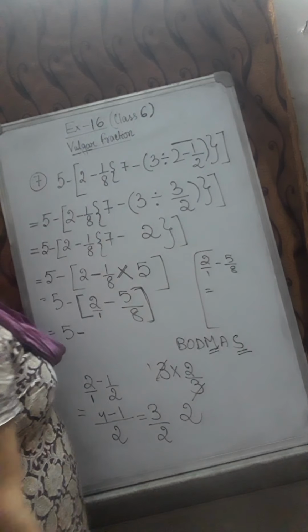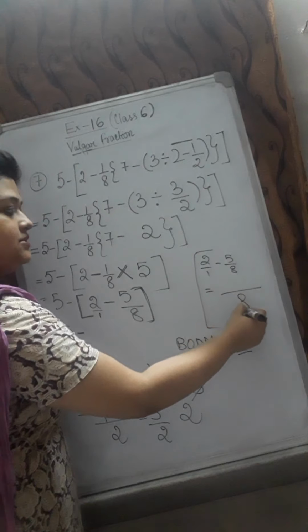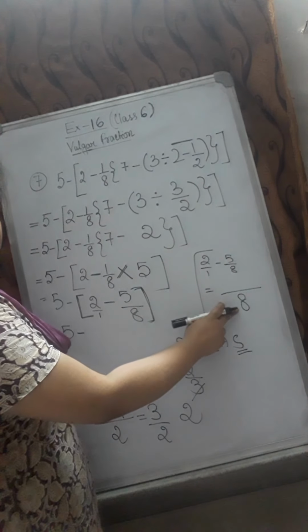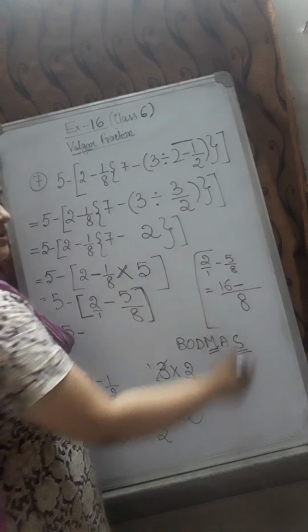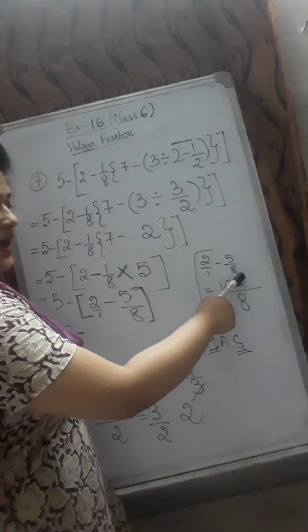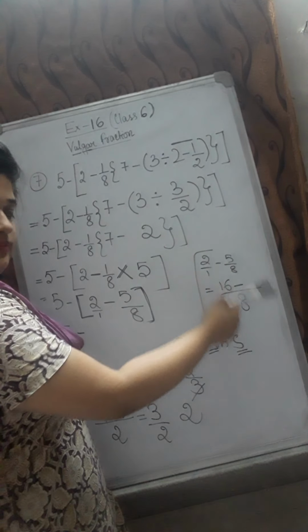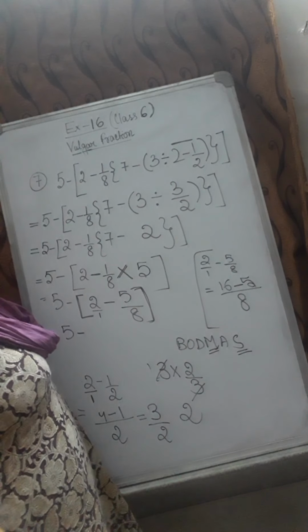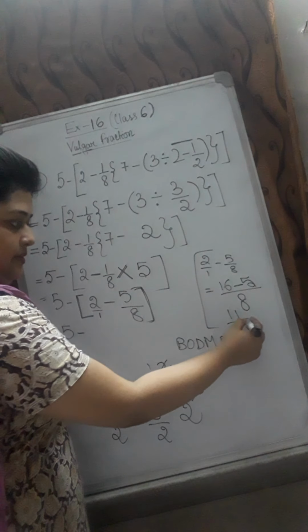So the LCM, as I said, with 1 if you have any other number, that number becomes the LCM. Now compare. 1 8 is 8. That 8 you multiply with 2 gives you 16. Minus, 8 1 is 8, that 1 you multiply with 5 gives you 5. 16 minus 5 is how much? 11 by 8.